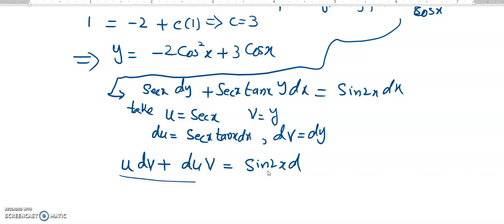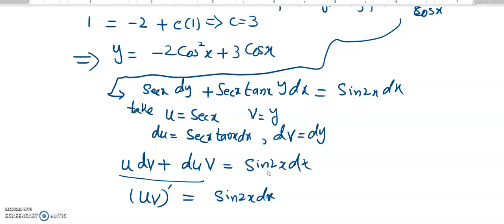So now what is this? You can see that this is the same as the product rule for differentiation, right? So you can write it like this: u times v prime equals sine 2x dx.